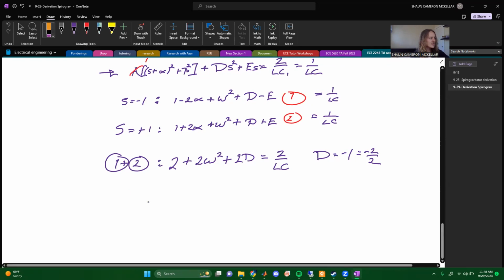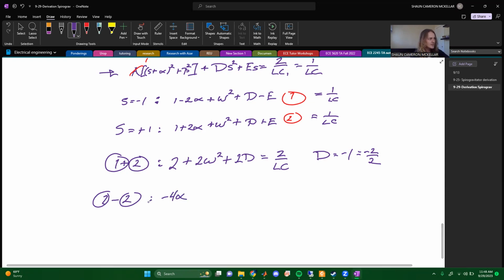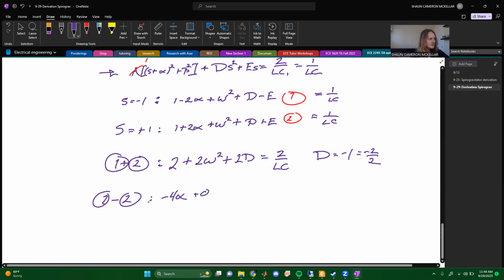So instead we'll just say 1 minus 2. And when I subtract those, I'll have -4 alpha, then +0 plus 0D, so +0. And then 1 minus 2 would be -2E, equal to 0, because 1 over LC minus 1 over LC is 0.